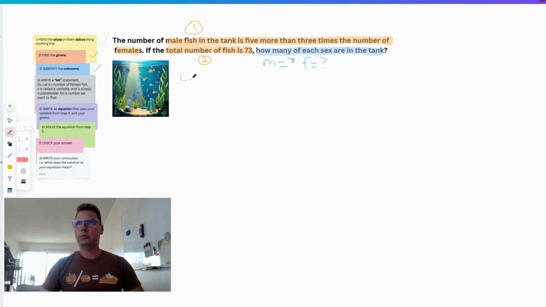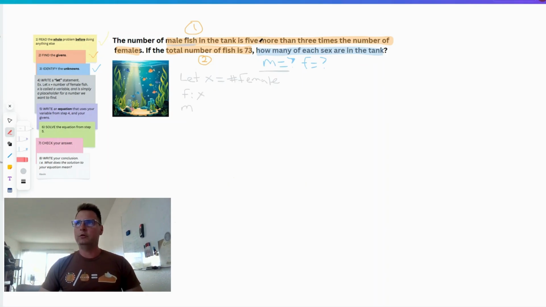Maybe the simplest approach is to let our variable x equal the number of female fish. And then we should be able to write an expression for males using the same variable, and then eventually combine those all together into one equation. Okay, so female is x. So then what is male?